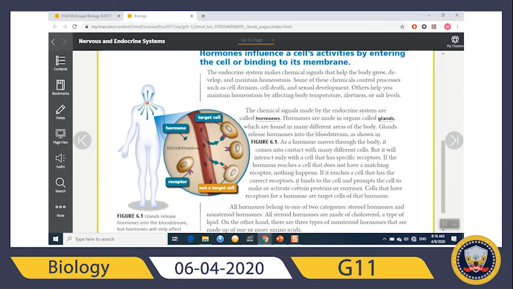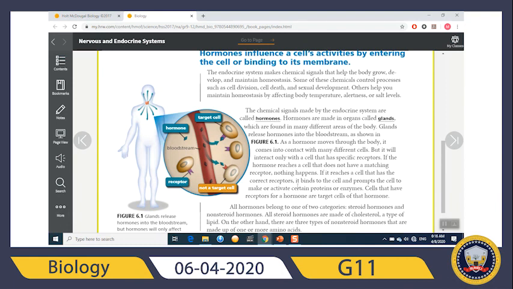Now, the hormone does not function freely. No, it targets a specific cell for a specific activity or function.